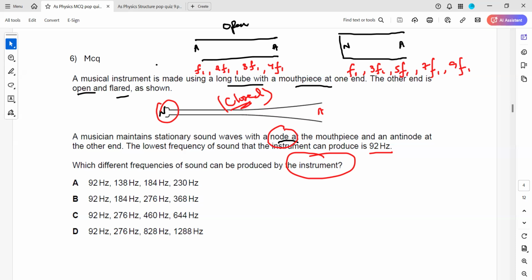F1 is 92, so the first frequency will be 92. What should be the second frequency? For a closed pipe, it will be three times, so 3 multiplied by 92 gives 276. What about the next frequency?